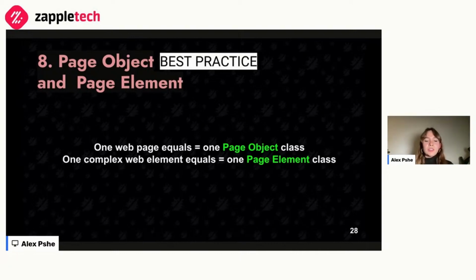I would say it's just the same as we do normally with API when we serialize our JSON to some class. Here we serialize our page or our web element to some class also. It's just the most convenient way to work with structures.